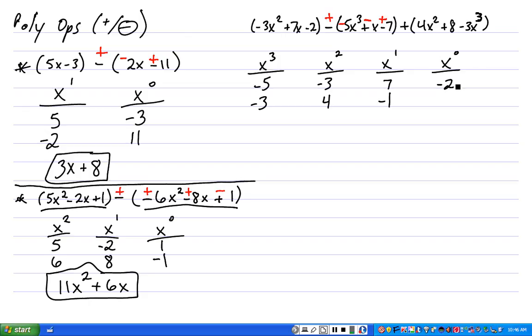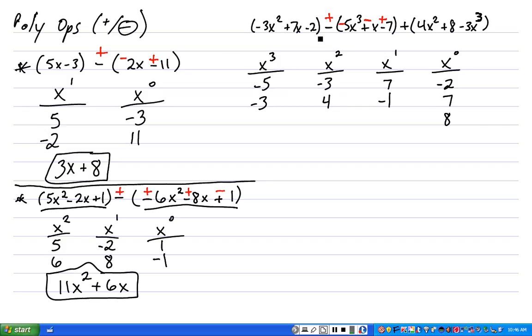Oops, let me double check, hold on. For x to the third, we have a negative 5 and a negative 3. For x squared, negative 3 and a positive 4. For my x's, I have a 7, a negative 1. Alright, and now for my constants, I have that negative 2, I have this positive 7, and I have this positive 8. Just making sure I didn't get myself all mixed up there.